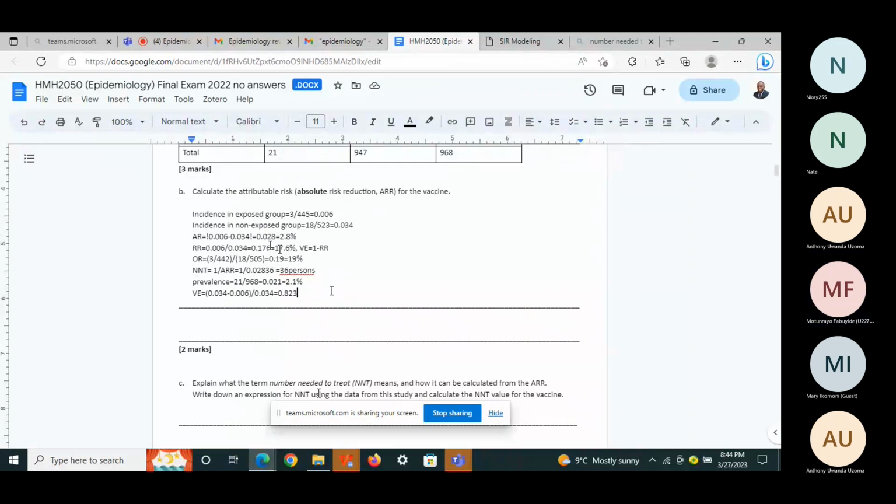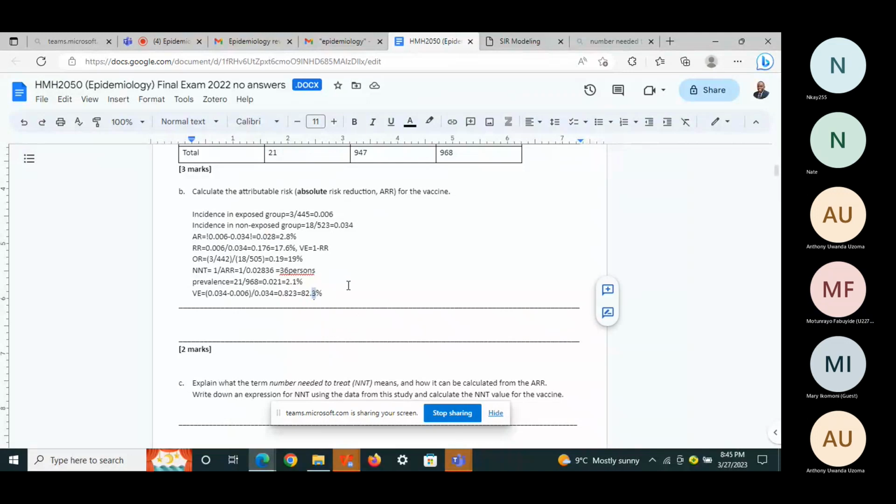If you convert our 0.823 to percentage, that will be 82.3%. Okay, so our vaccine is very, very effective. Our BCG vaccine is very effective here. It is 82.3% effective.